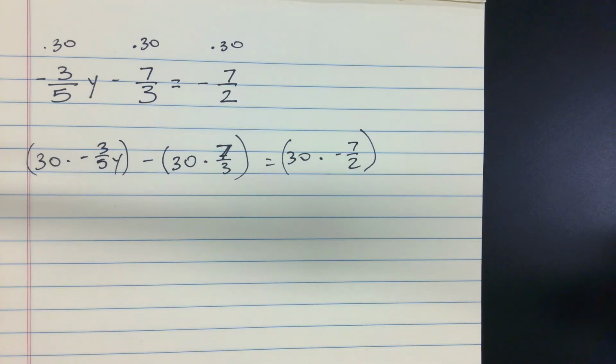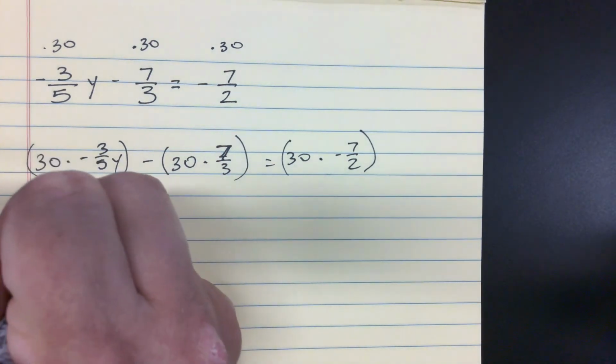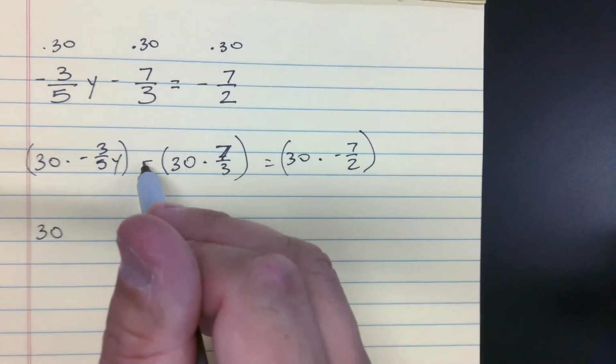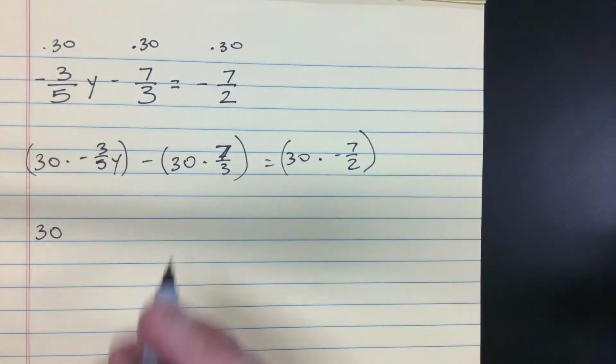Now you don't need to do that step right there. Hopefully you guys can just look at it and be like, okay, 30 times 3/5, so on. And if you need to, you can use a calculator, or you can be really, really great and go right here. I put the negative right there. I just left the minus.